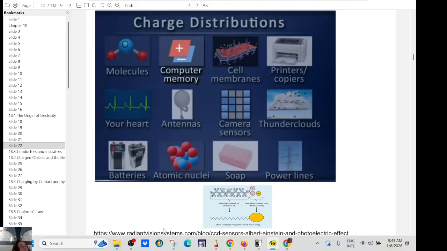Before we get to the math, I just want to motivate you because charge distributions are everywhere in technology, in the medical field, and in chemistry. For example, the water molecule is neutral, but it turns out that oxygen loves electrons.